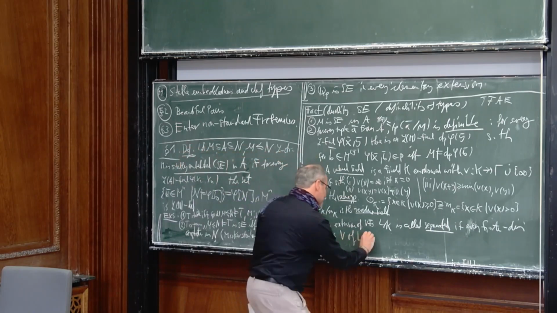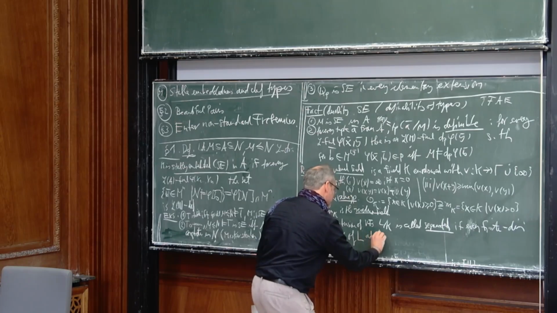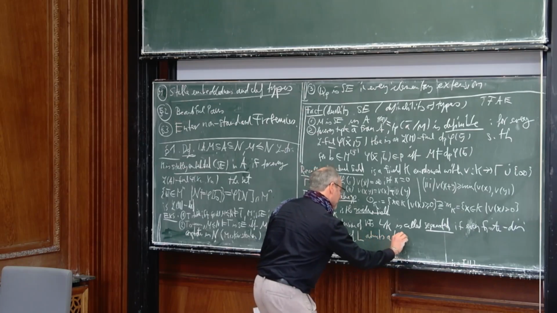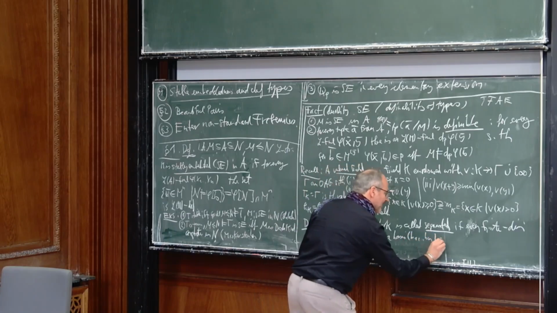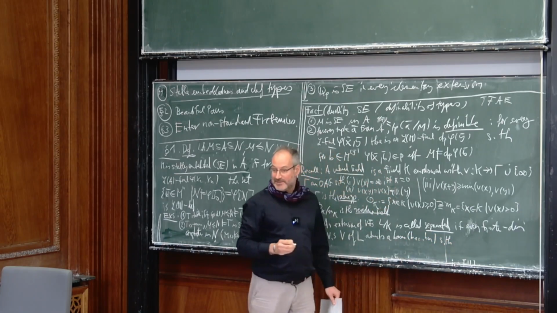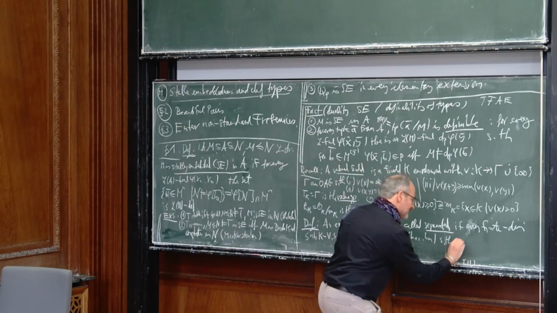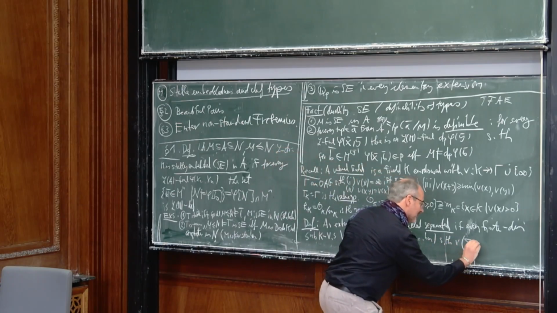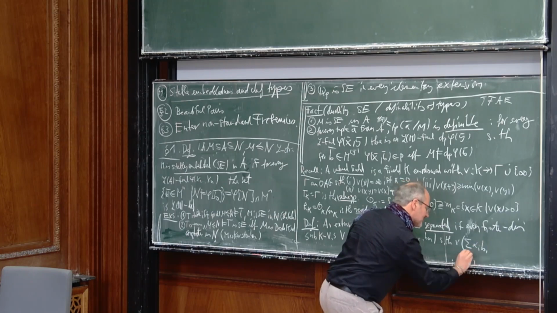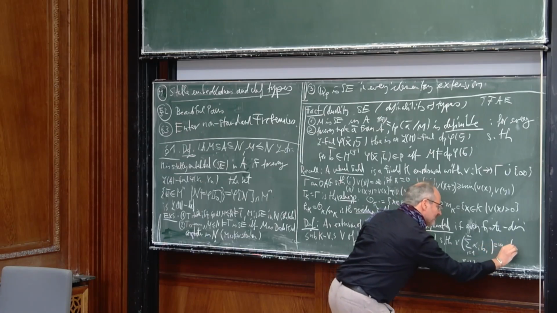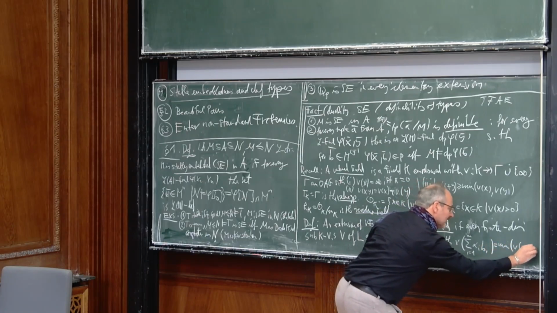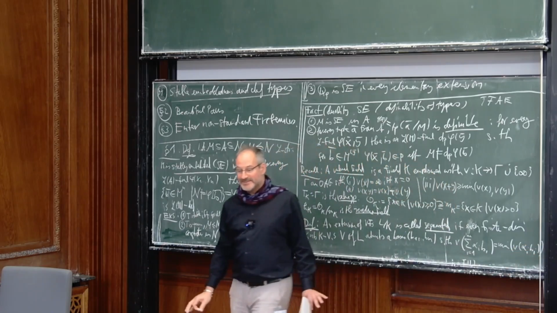So it admits a basis, called a valuation basis, a basis b1, say up to bm, such that you can compute the valuation of a K-linear combination by looking just at the coordinates, so to say. It's always the minimum of the valuation of alpha_i b_i. Okay, so this is called separated.